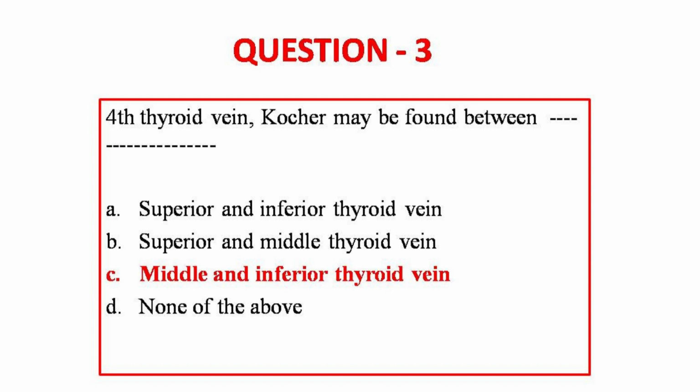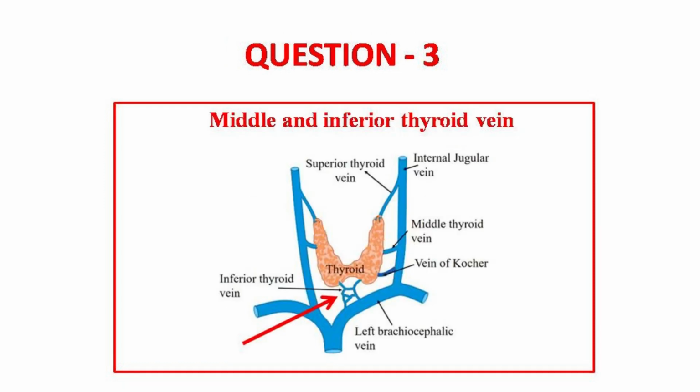You can see this in the next slide, where I'll be putting a picture. There is an inferior thyroid vein and a middle thyroid vein, right? From the thyroid, there is a vein of Kocher emerging. So that is the Kocher vein.